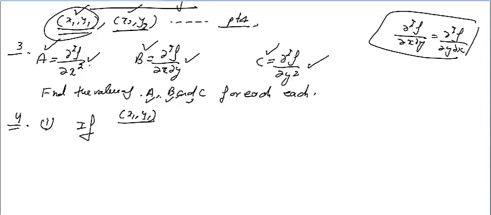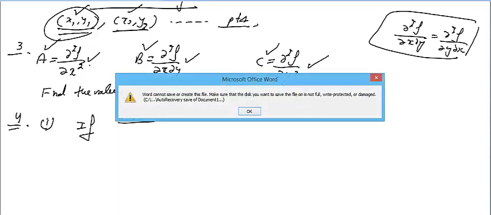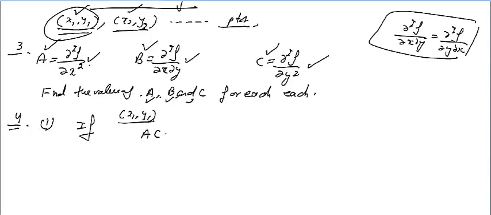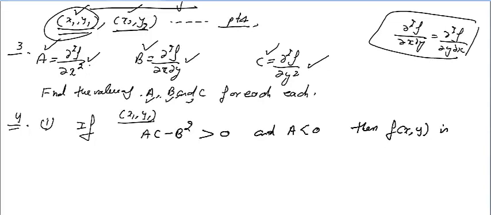So if AC minus B square is greater than 0 and A is less than 0, then f(x,y) has a maxima and x1, y1 is the point of maxima.